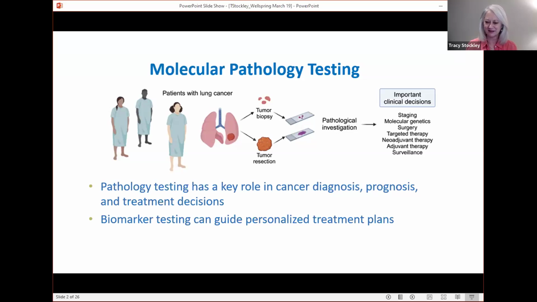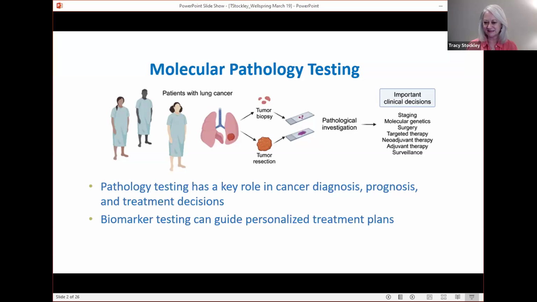The most common ways are taking a tumor biopsy. So usually a needle is placed in, often under visual imaging guidance, and a sample taken. And then other times you might have a surgery where they take out a much larger piece of the tumor, where they're trying to remove it all or trying to remove some larger piece of it.